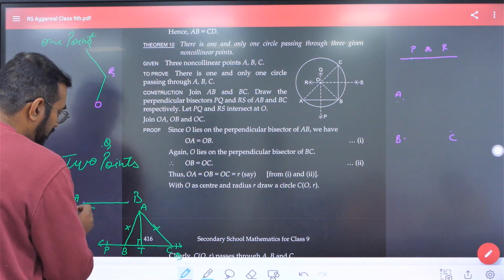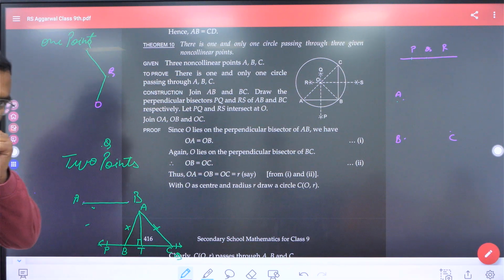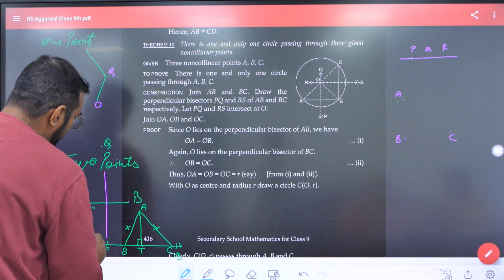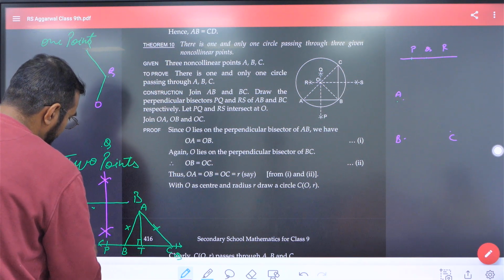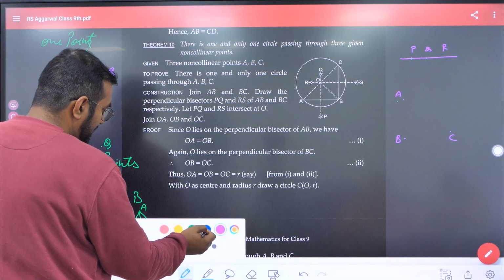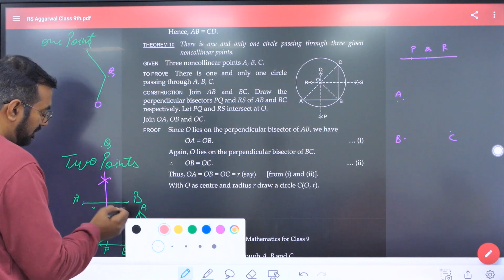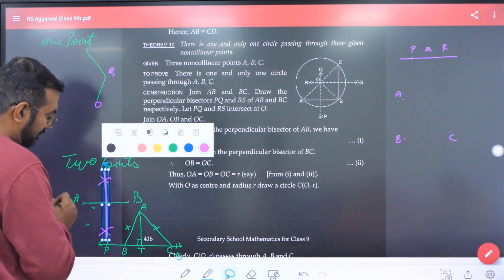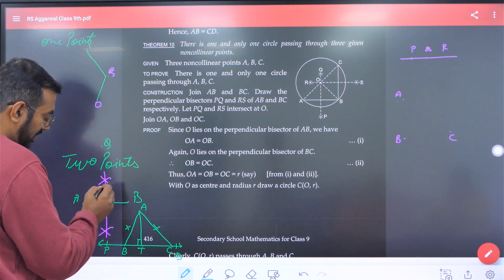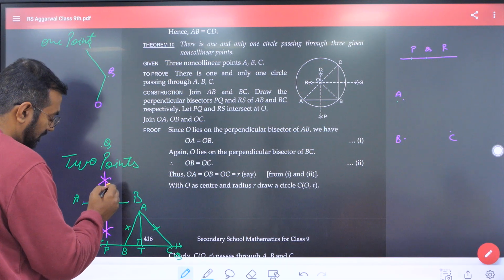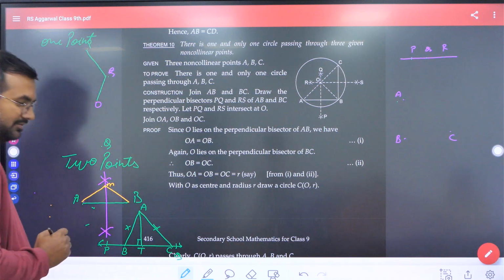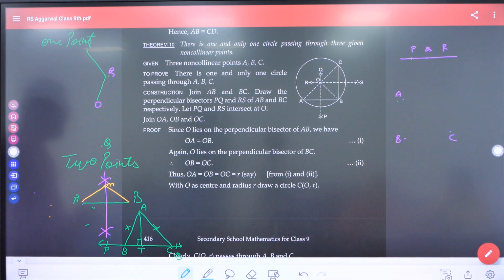Let us draw a perpendicular bisector of AB. When you take any point on the perpendicular bisector of AB, suppose you take a point here, and this point is M. You can see that AM and BM are equal.